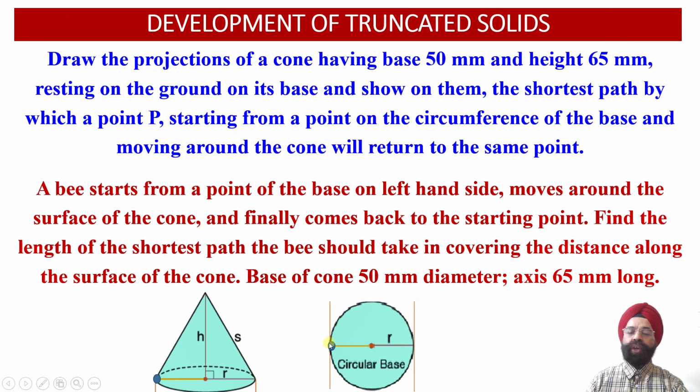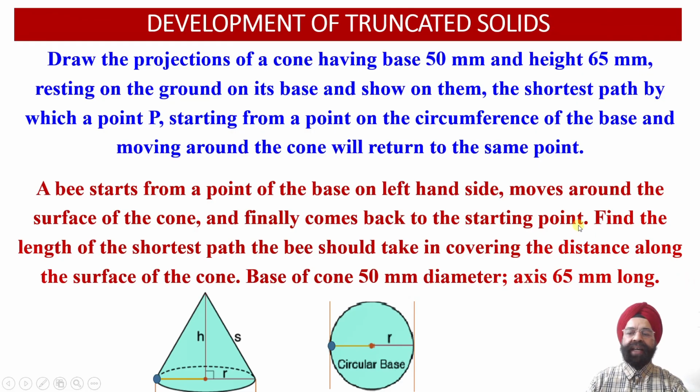So now we have to evaluate the shortest possible path so that this ant or a bee should be moving around the surface of this cone and it should be covering this cone in one revolution, so that the starting point and the end point of this particular insect or the bee should be the same.